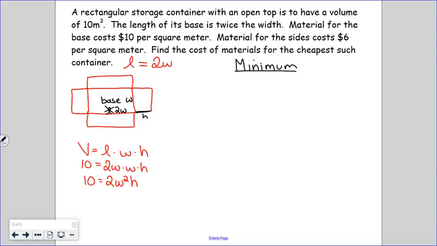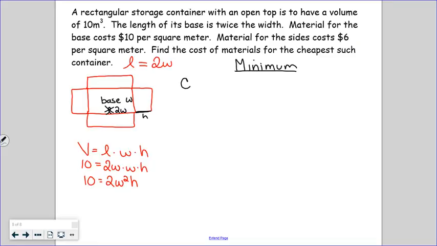The equation that I'm minimizing is very tricky for the first time we've seen something like this, because I have to go through and talk about the cost of each of the sides, and they all cost a little bit different based off of the information given above. So start with that first sentence. The material for the base, which would be this rectangle right here, is $10 per square meter. So per square meter would be times its area, right?